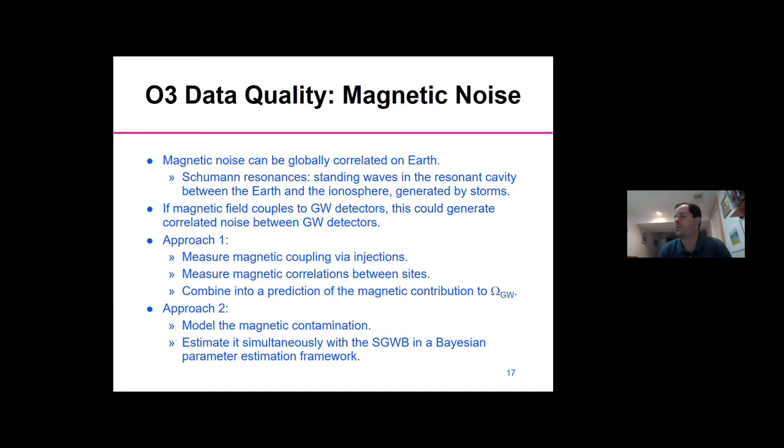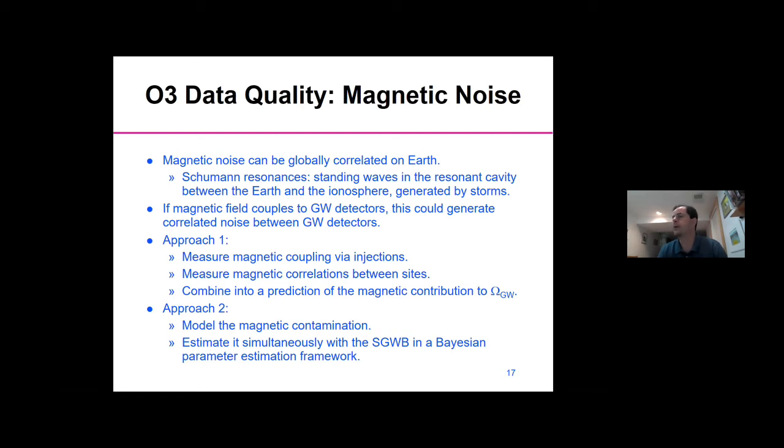You need another piece of information, which is the correlation between the magnetic fields at the two sites. So you measure the magnetic field using very sensitive magnetometers at both, let's say, Hanford and Livingston. And that allows you to calculate the correlation between the two sites.